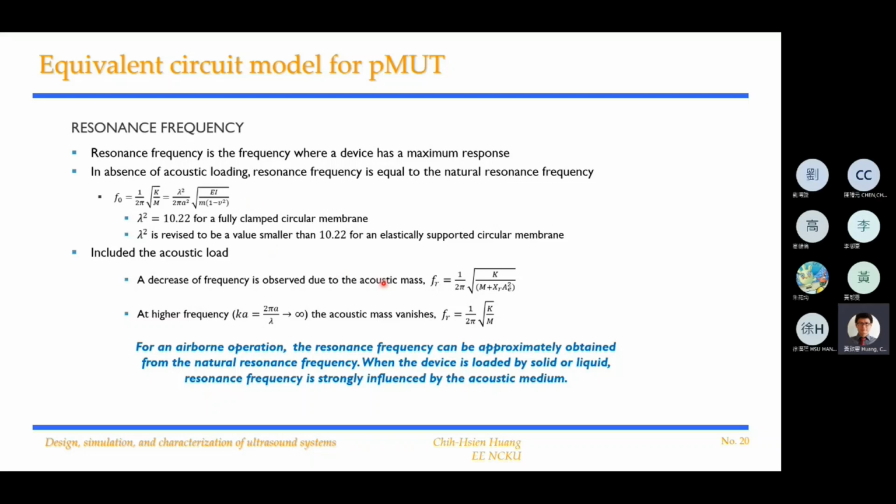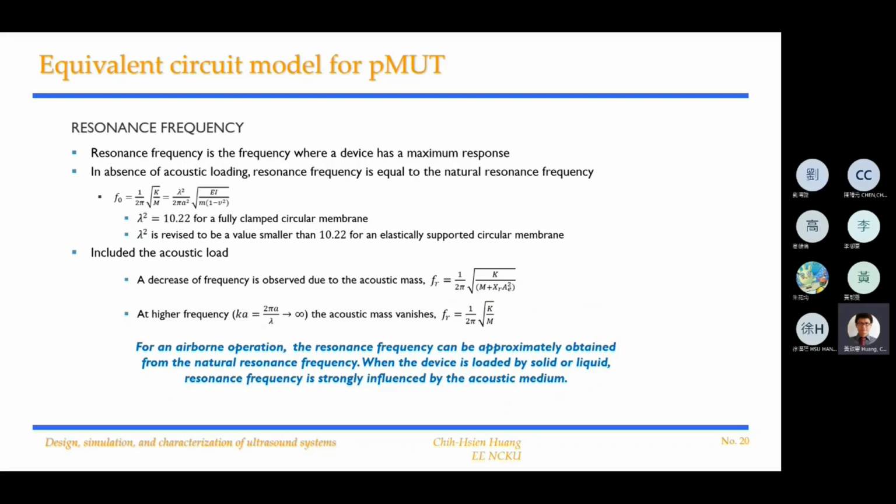Also, if you want to calculate the frequency including the acoustic load, you can use the equation here to consider the load effect, because you know the AE is the transformation ratio between the acoustic and mechanical domains, right?